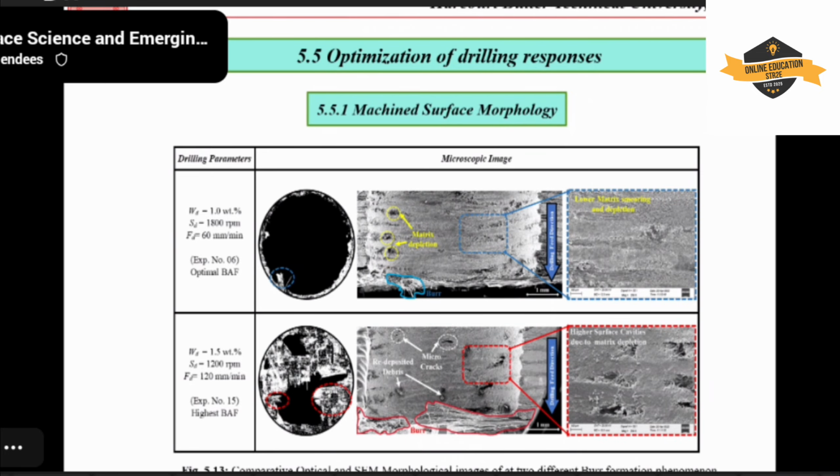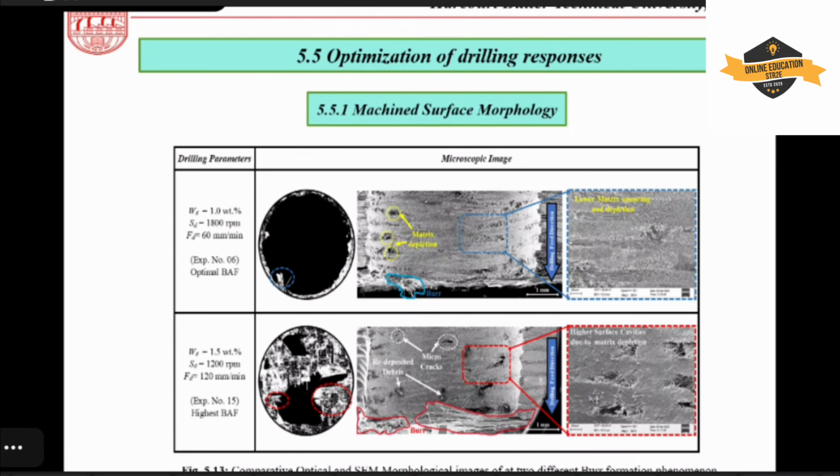Now we can say that we have achieved higher machining efficiency. The next important phase is the development of the product. Machining is satisfactory, development is satisfactory, the synthesis part is satisfactory.